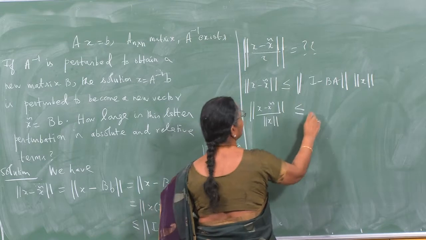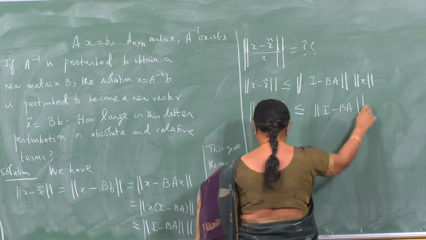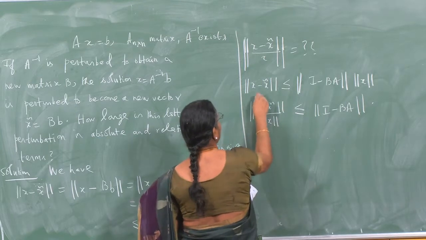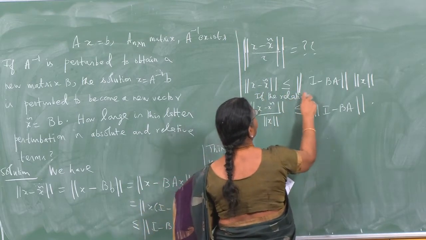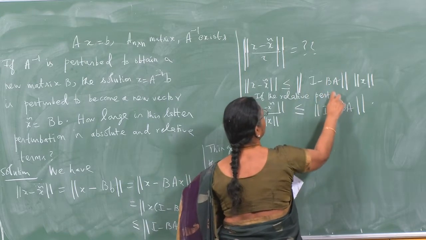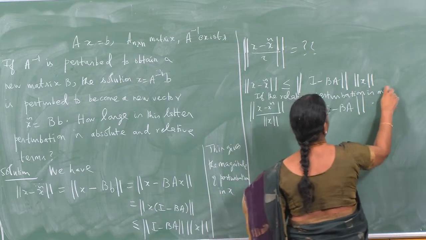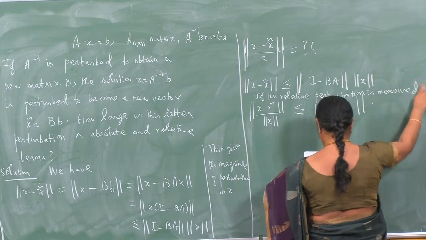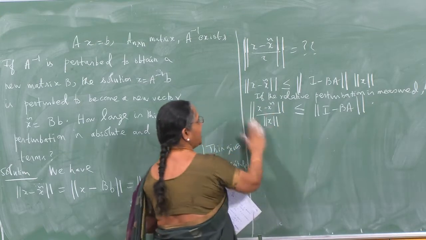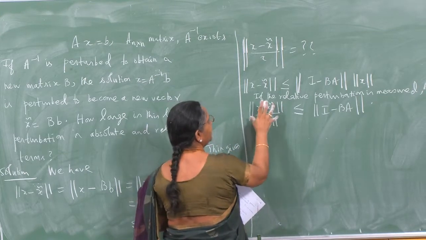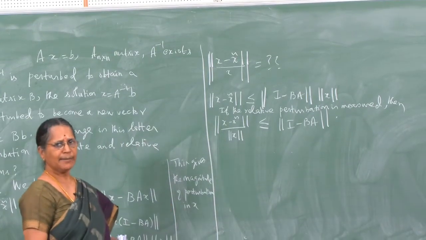So, that will be less than or equal to norm of I minus BA. So, if the relative perturbation is measured, then the relative change cannot exceed norm I minus BA.